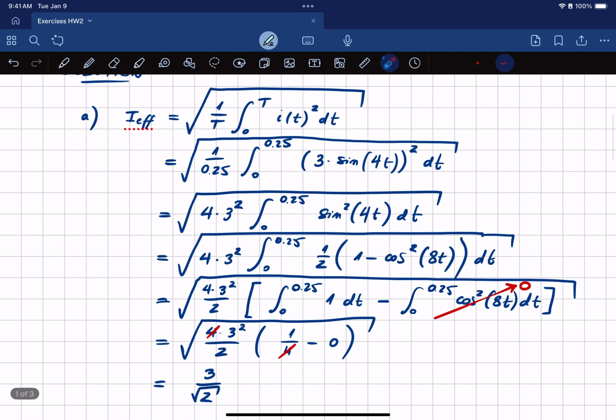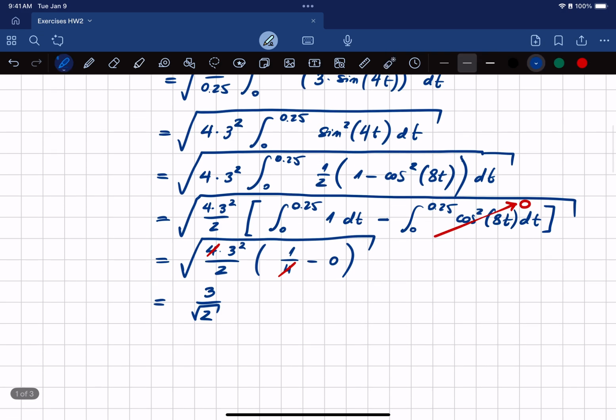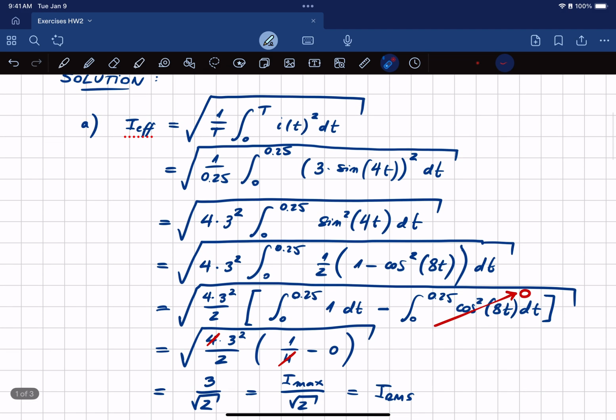Probably you went through this, but this is a very, very important result. Never forget that the relationship between the maximum value and the RMS value is 1 over square root of 2. That's the constant. That comes from this simple analysis. So you can use this result to solve part B and C, and it should be quite easy.